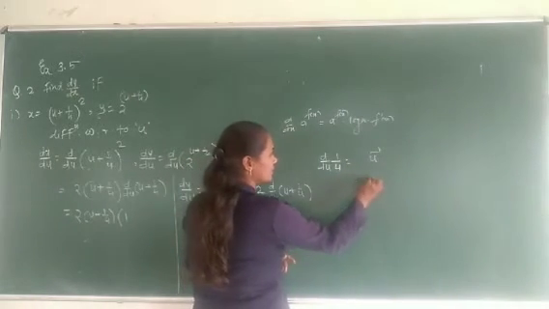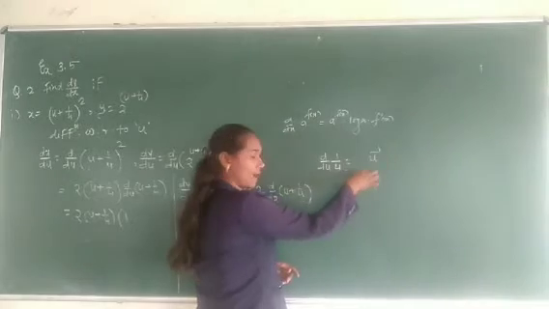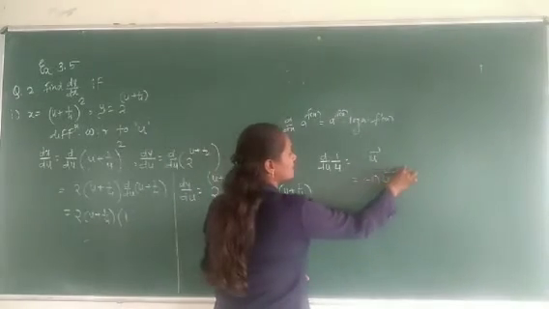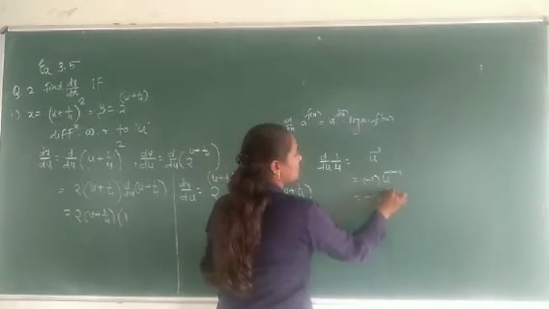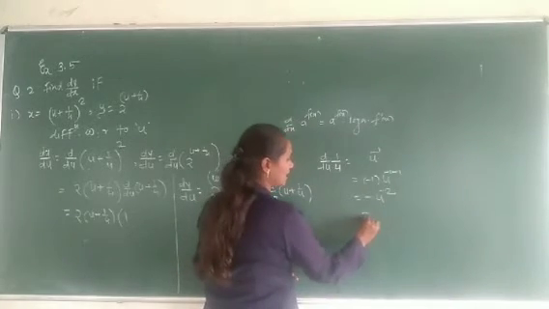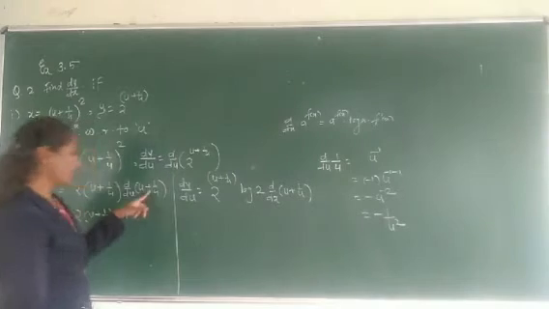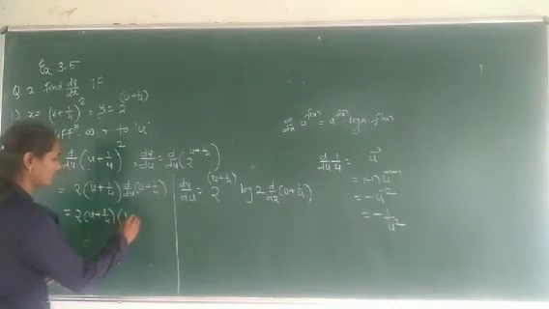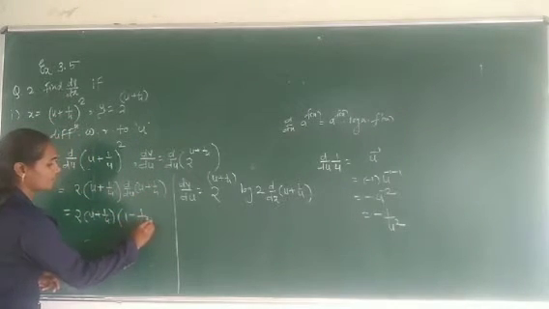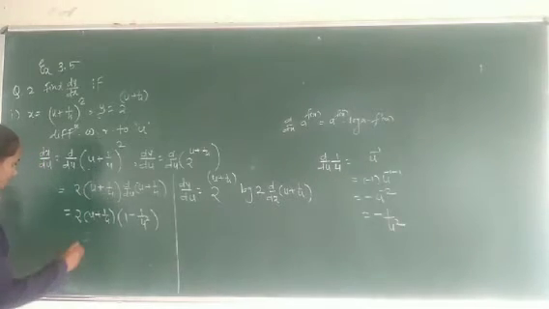By the power rule, the derivative is minus 1 into u raised to minus 1 minus 1, so minus u raised to minus 2, that means minus 1/u². So the derivative of 1/u is minus 1/u².